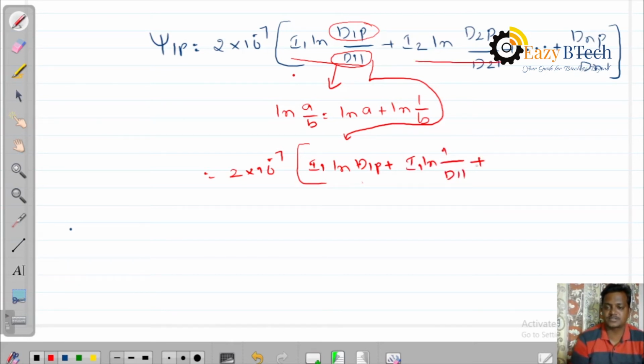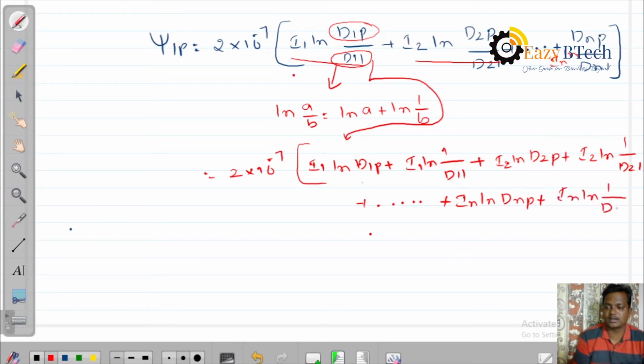the same expression for the second one also. It is I2 ln d2p plus I2 ln 1 by d21. Like that we have to apply the expression for the last one also. Sorry, here it is In ln dnp plus In ln 1 by dn1. This is the expression.